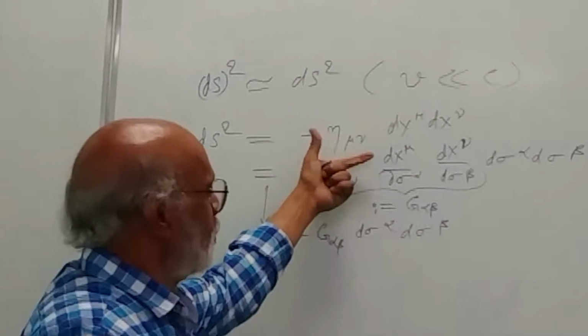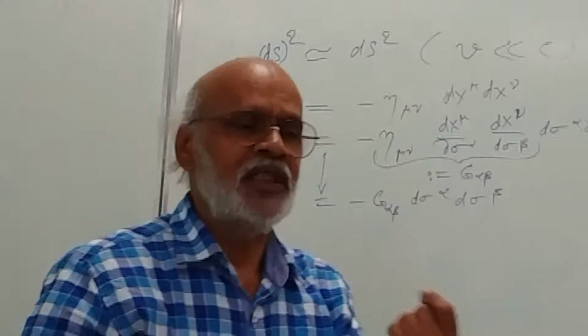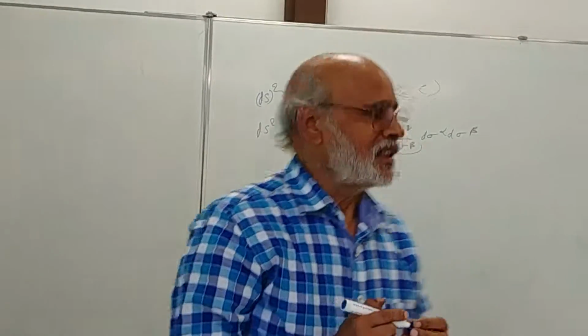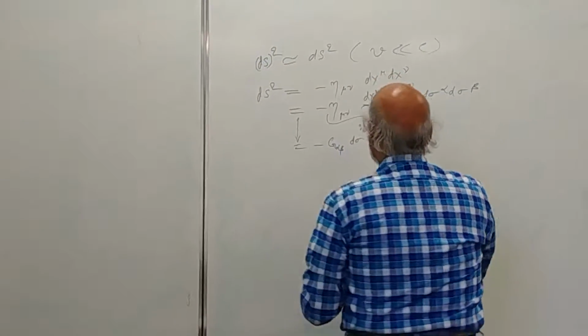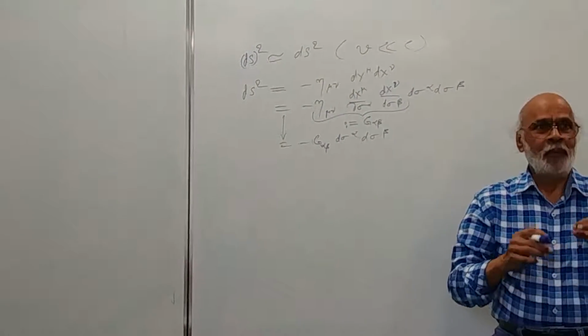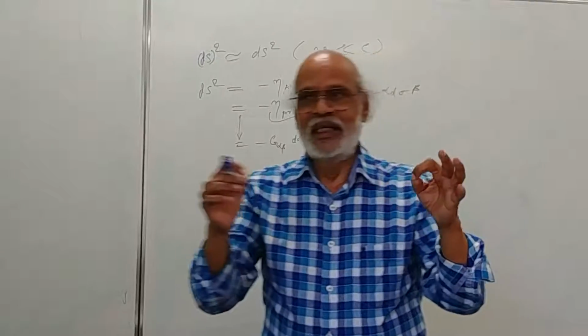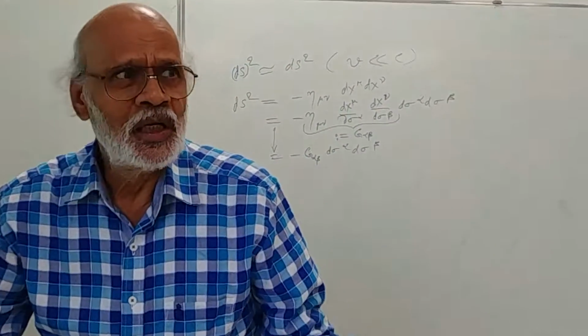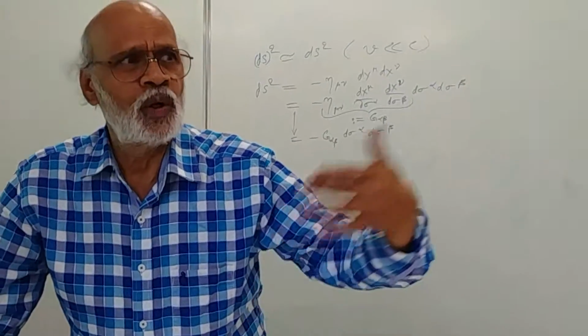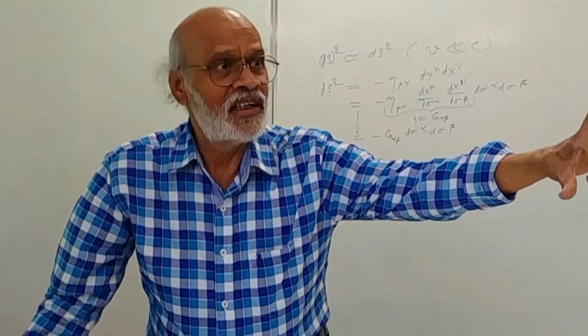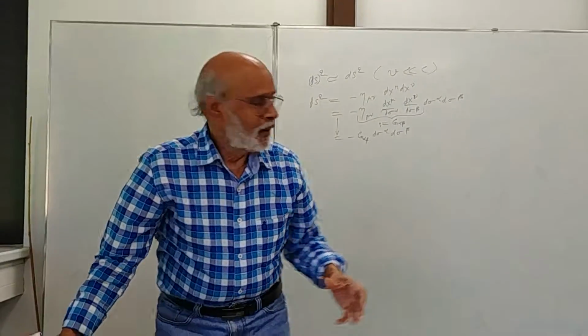Now let us look at the physical interpretation of these two lines. What is the meaning of this line? So eta mu nu measures distances. Loosely we say distances, which always means the separation of the intervals.